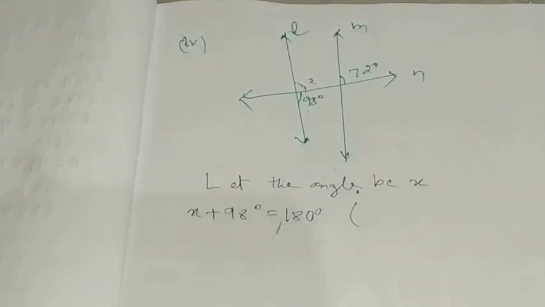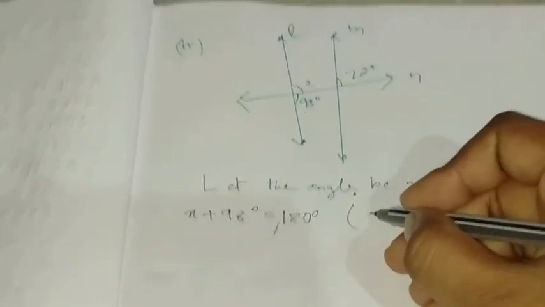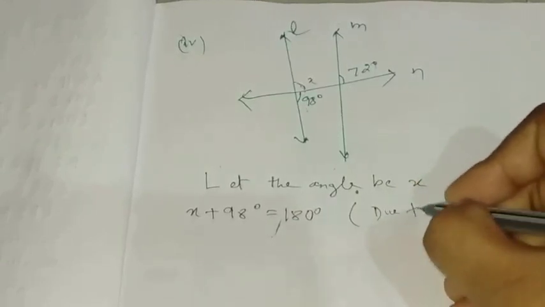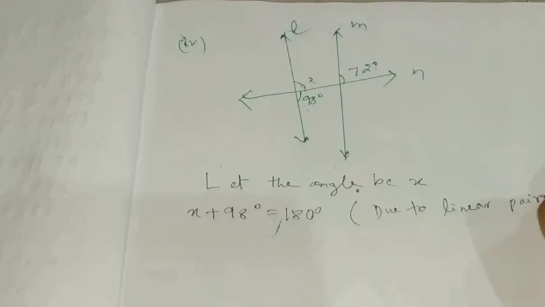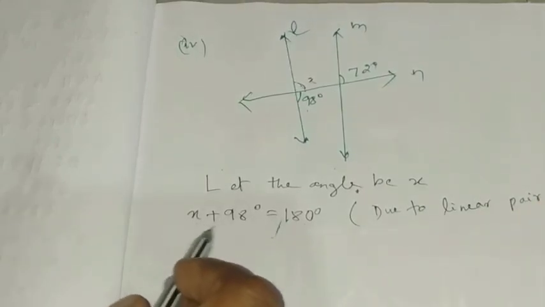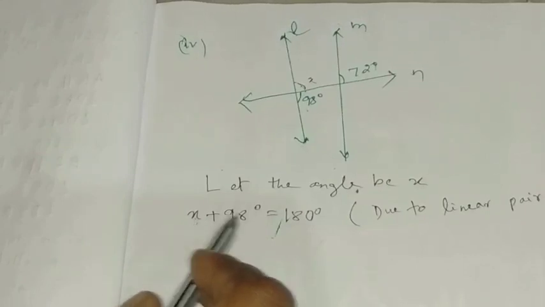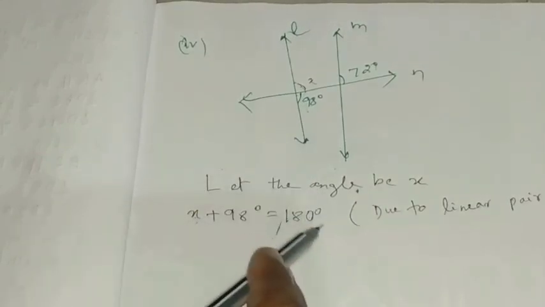Why? Because of the linear pair property, x plus 98 degrees equals 180 degrees.